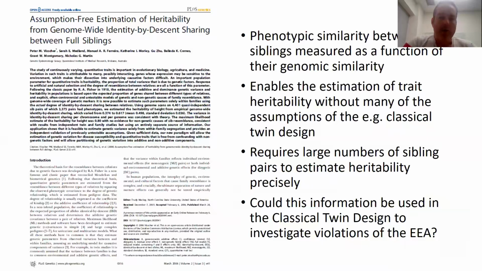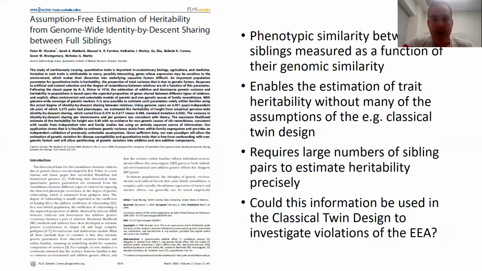So we were interested in whether there could be some ways to use the widespread availability of genome-wide genetic data to investigate this question. And it got us thinking about this paper from 2006 by Peter Visscher and colleagues, where they invented a new method for estimating heritability using identity by descent sharing in sibling pairs.